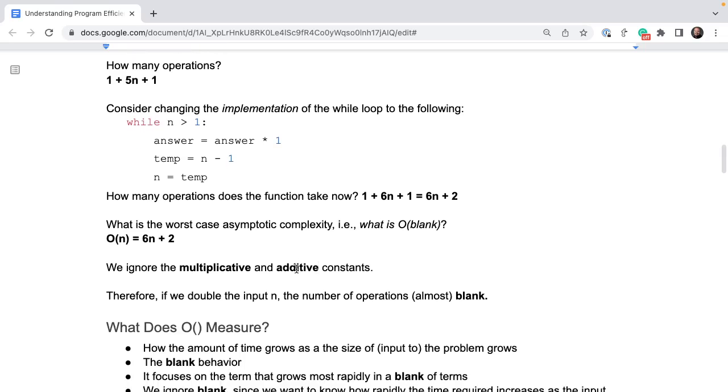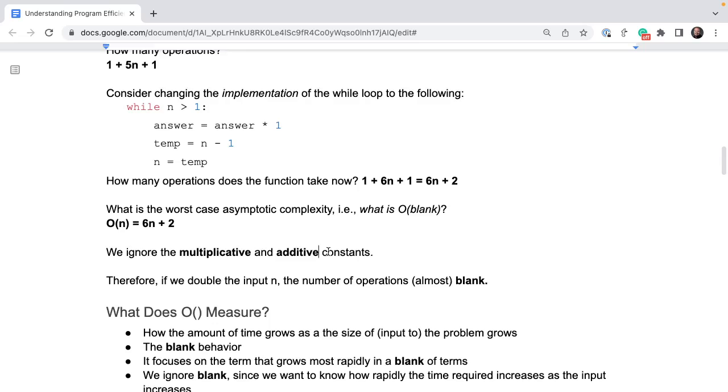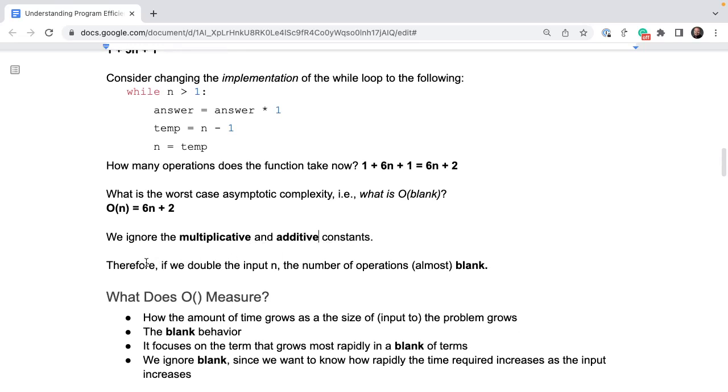So there's that hard part. We just have to really focus on the one part of the program that is making it slow. And again, I asked this question earlier, and I'm going to see if we caught it. If we double the input n, what does that do to the number of operations here? If you had 10,000 and you doubled it to 20,000, how many more steps is it going to take?